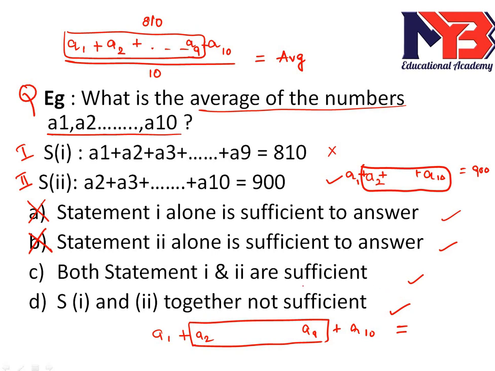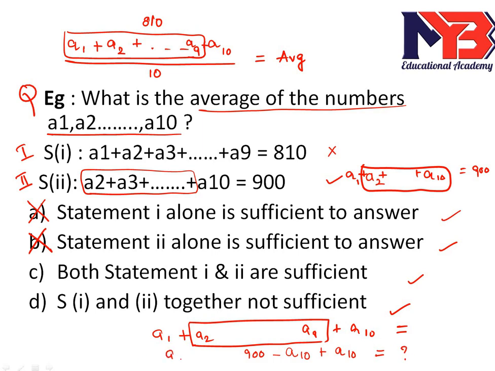So using statement number 1, we know that A2 to A9 are common terms. And A2 to A9 value, I can say, is 900 minus A10. So if I replace this with 900 minus A10, plus A10 will be equal to how much?